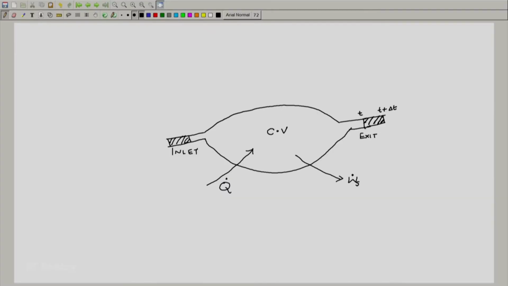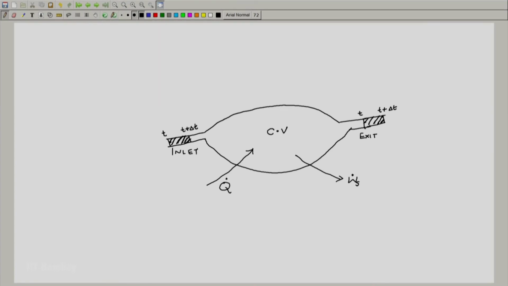Similarly, the inlet plug is where mass is entering the system from time t to t plus delta t. So, this is t, this is t plus delta t, and this hashed region here is the amount of mass that enters the control volume in a small time delta t.